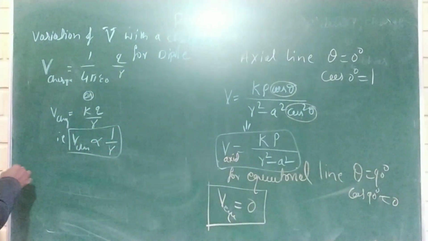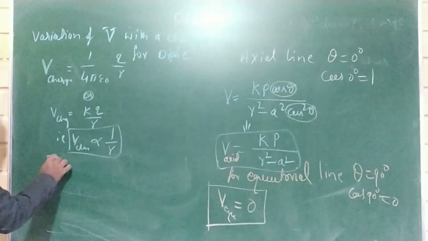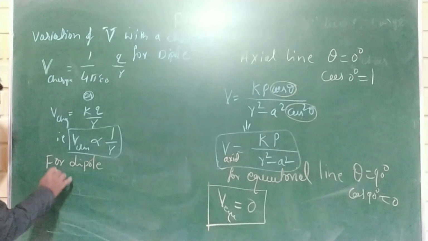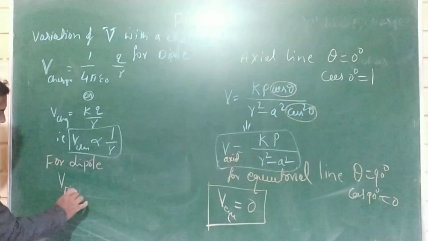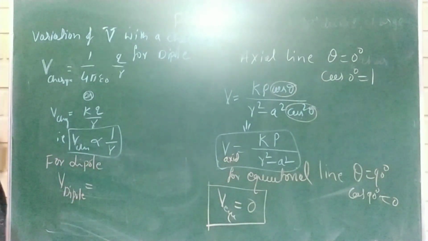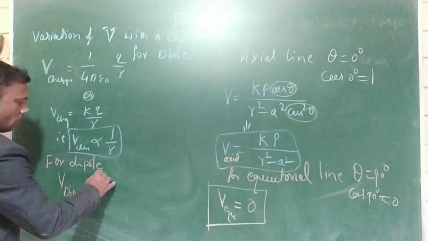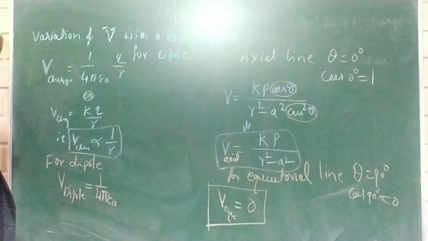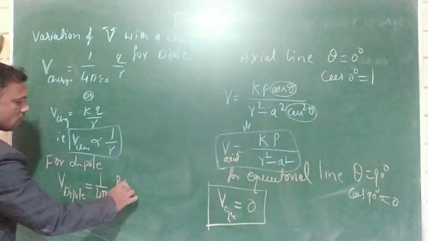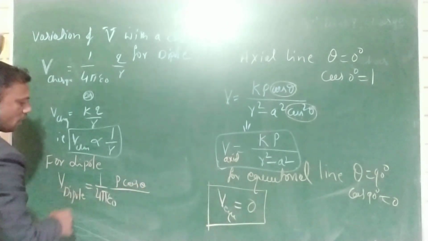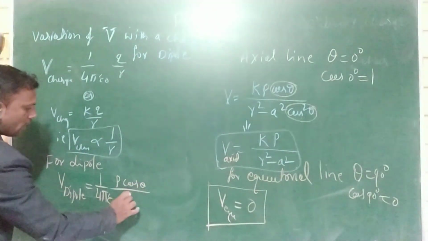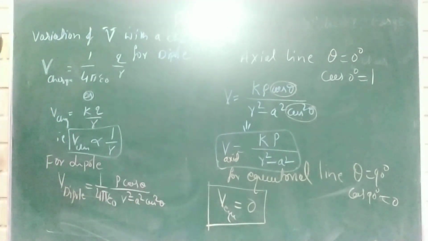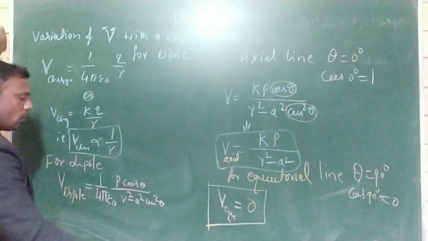For a dipole, V dipole is equal to 1 divided by 4 pi epsilon naught, p cos theta divided by r square minus a square cos square theta. If theta is 0 degree, cos 0 is 1.